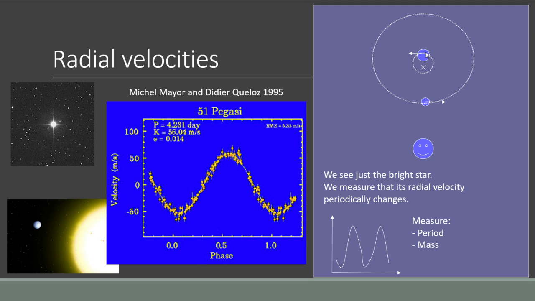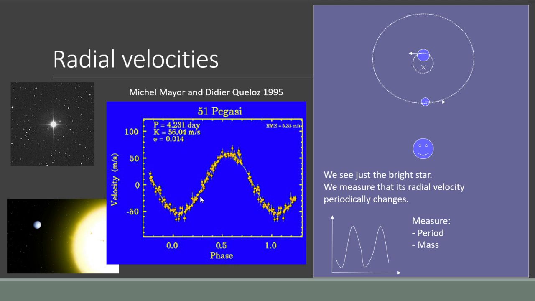Velocity is of course oriented somewhere in 3D, but we see the projection on the line of sight. That's what we call radial velocity, radial from our point of view. And in this graph, we see the velocity variation for the first discovered exoplanet, 51 Pegasi b. And we see this nice sinusoidal-like velocity variation.